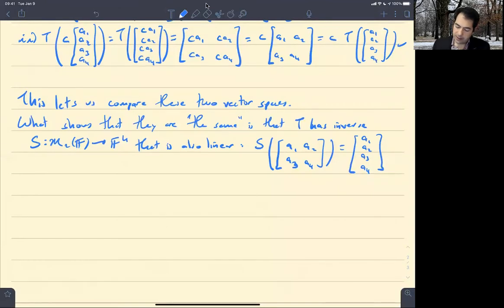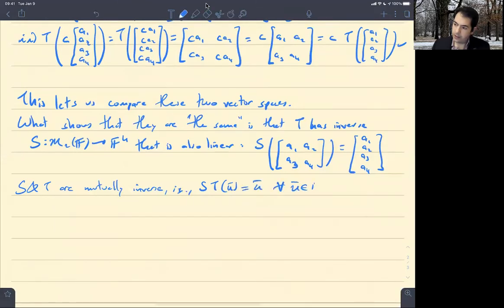Okay, S and T are mutually inverse. That is to say, S of T of U is equal to U for all U in F4, and T of S of W is equal to W for all W's in 2 by 2 matrices.